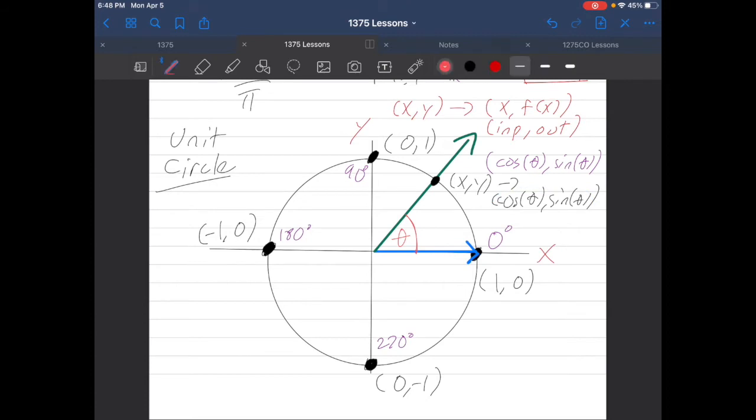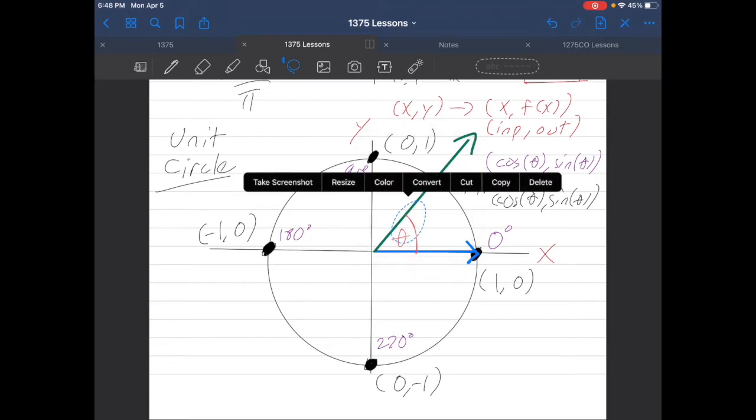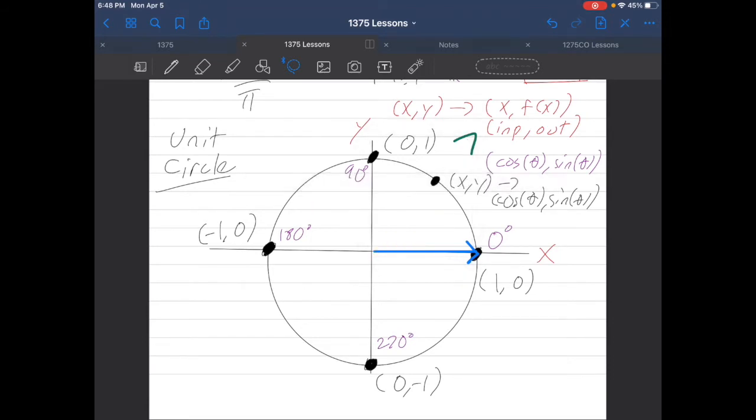Right, so what if this angle, let's delete this for a minute, what if this angle actually stopped right there? What if theta was equal to 90 degrees?